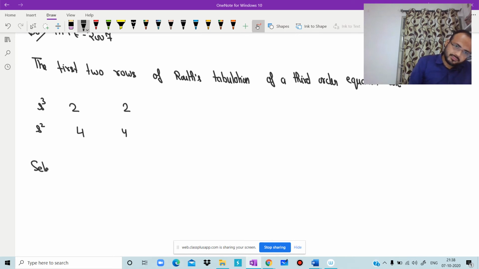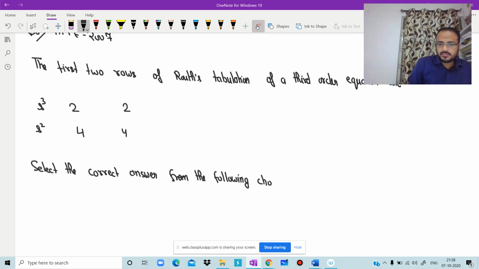Select the correct answer from the following choices. First one: the equation has root in the right half S plane.